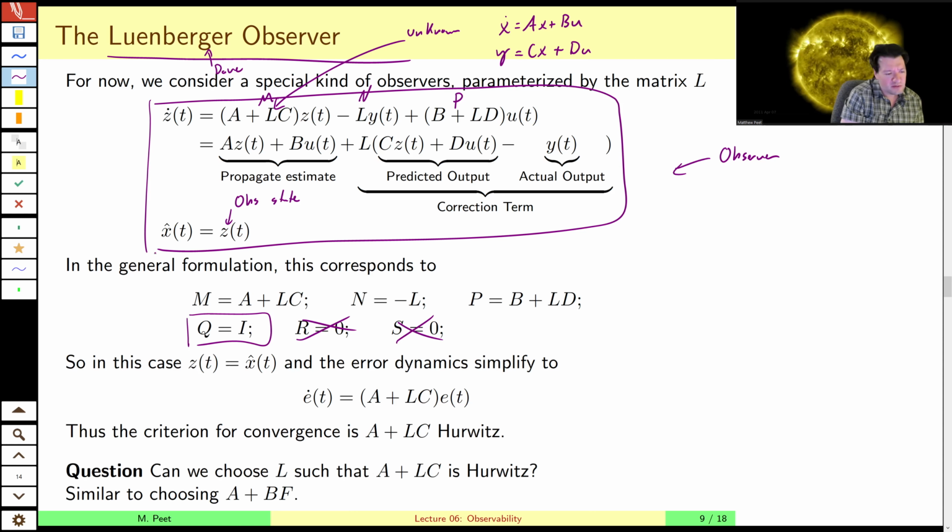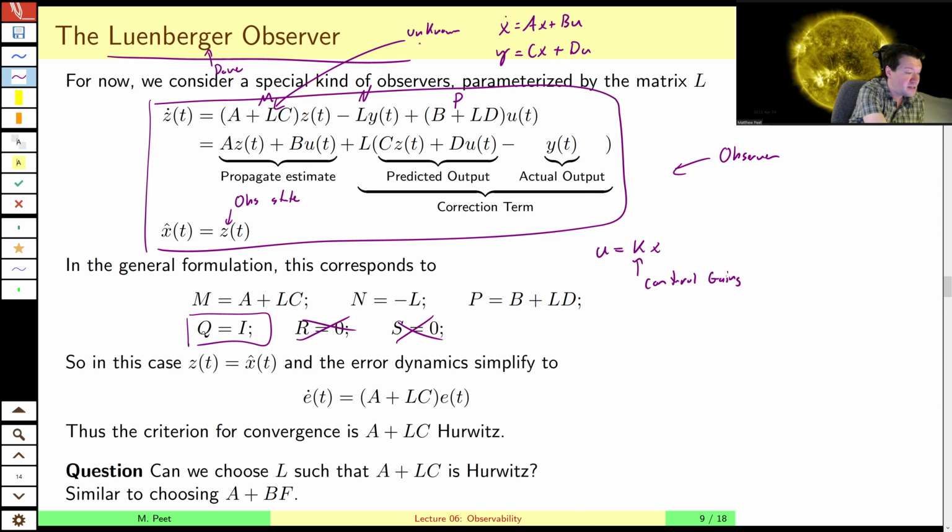That's similar to the feedback control problem, where the only parameter we had to choose was K, the control gains. In this case, L is the observer gains. Why do we call it gains? Just a second, I'll get to that.